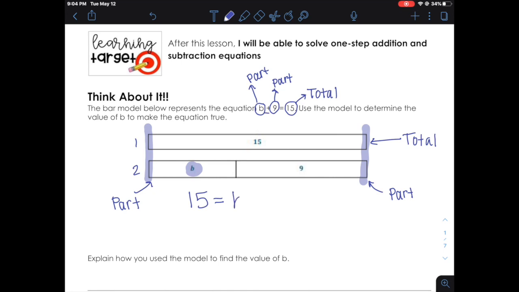So b plus 9. Since I have the total and one part, I can actually use subtraction. So I'll take my total, subtract the one part that I know. 15 minus 9 is 6, so therefore I know b is going to represent the number 6.